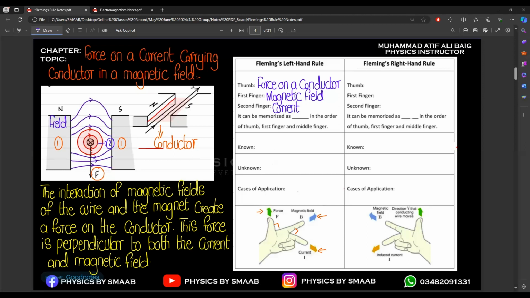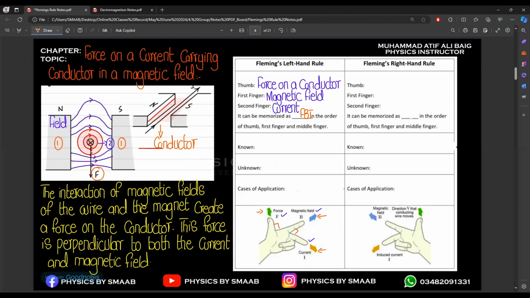All quantities are represented in the diagram also. The thumb represents force, the first finger represents magnetic field, and the second one shows electric current. And you can also memorize these terms in the form of FBI: force, magnetic field, electric current.